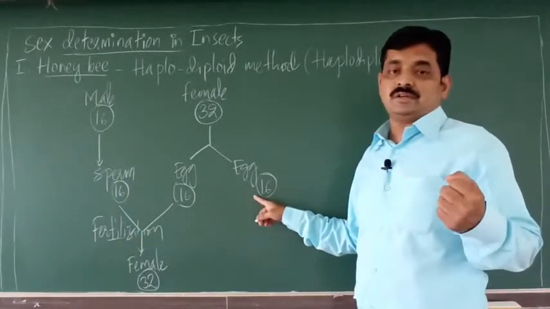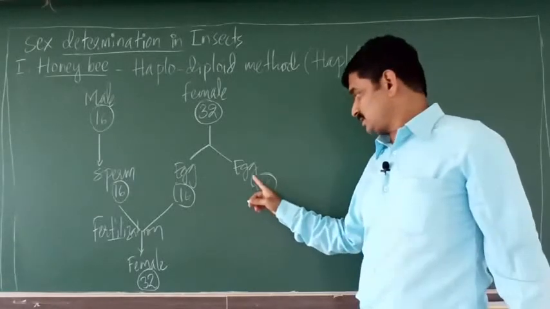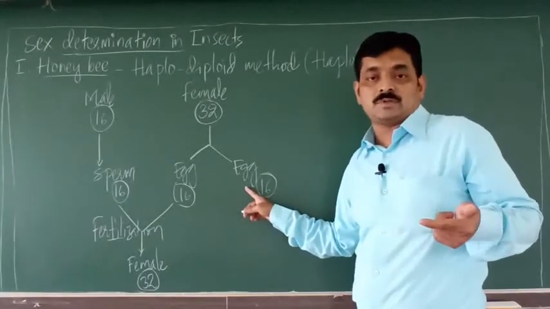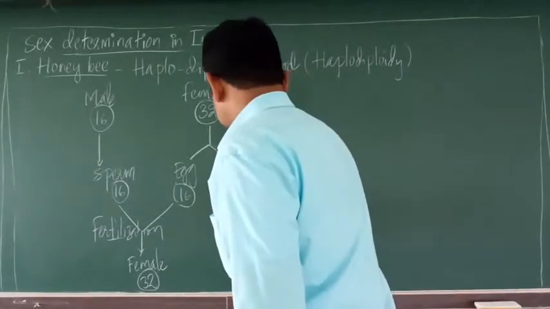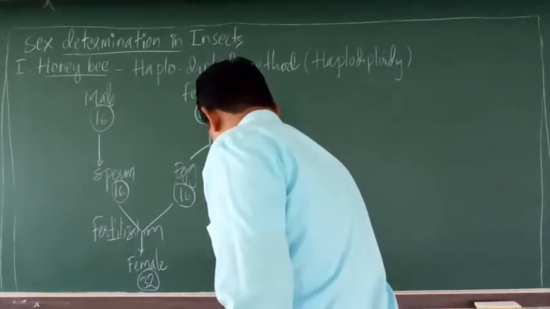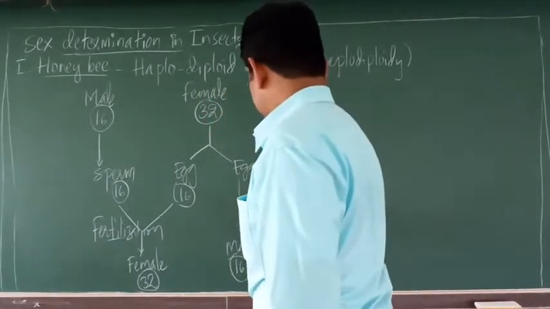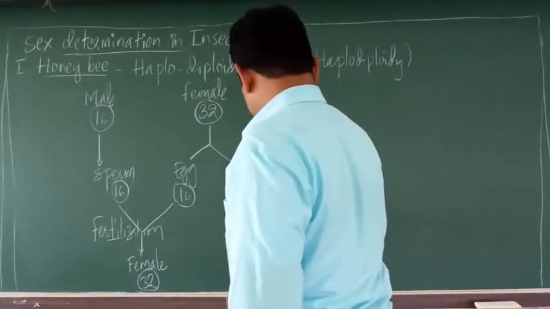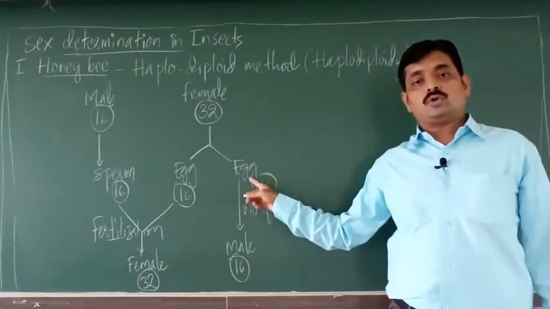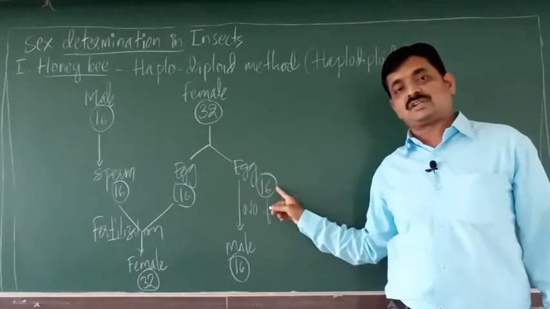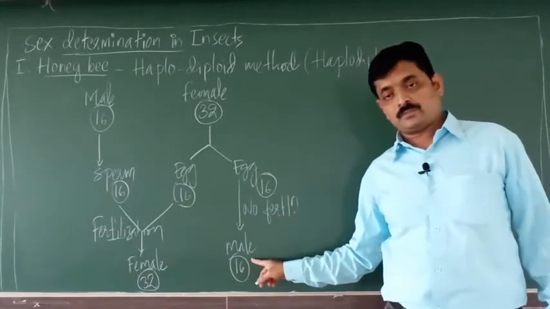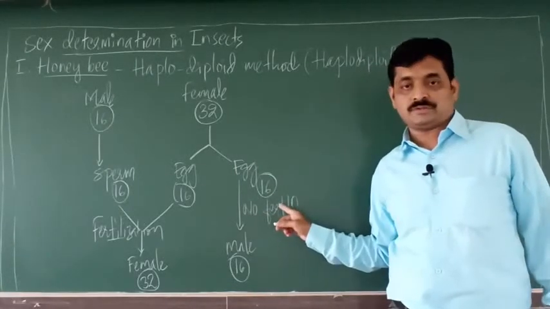Most of the times what happens here, there is no fertilization and this egg or the female gamete directly develops into an offspring. So this egg or ovum, which is having 16 chromosomes, will directly produce the offspring without fertilization.